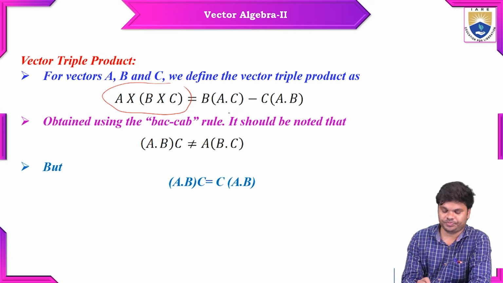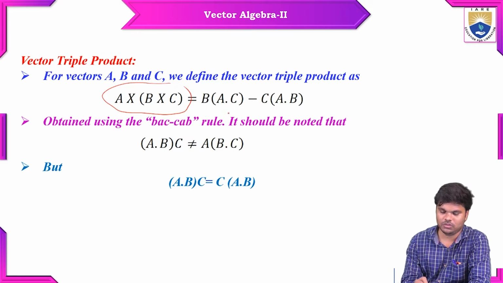This is equal to B into A dot C minus C into A dot B. This is called the back cab rule. BAC back, CAB cab. This is called the back cab rule.